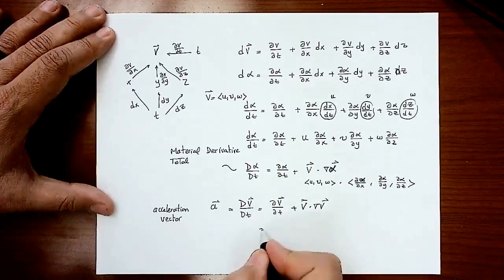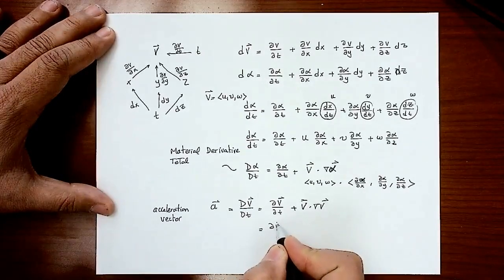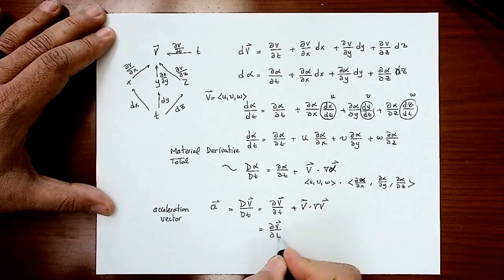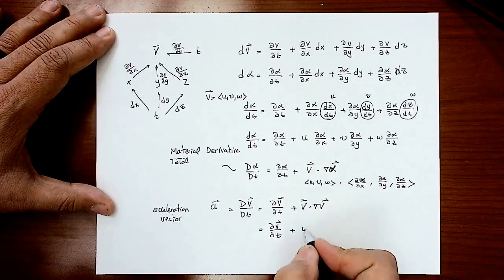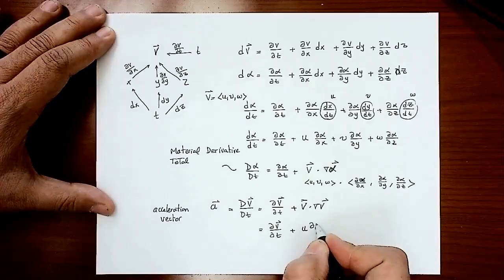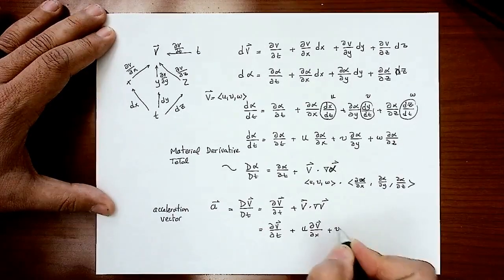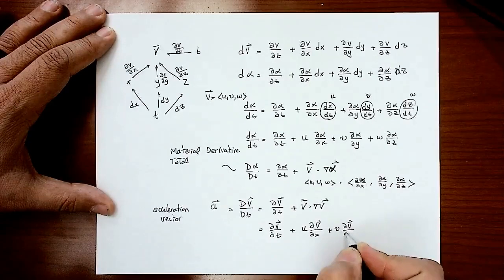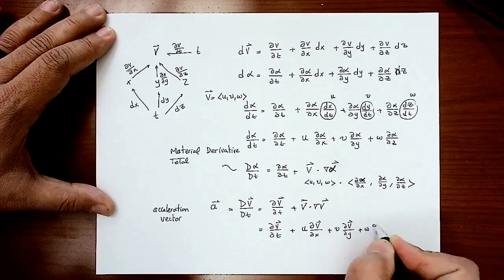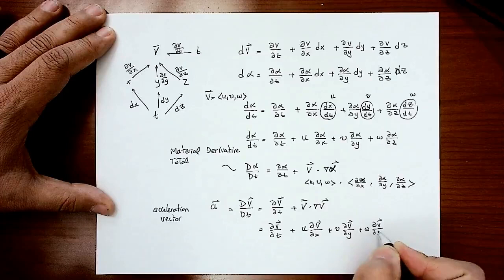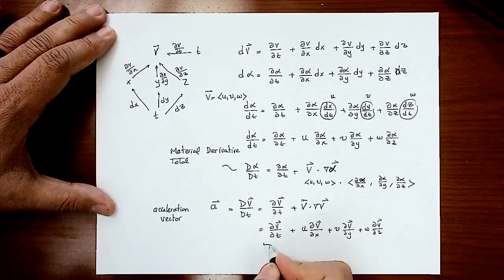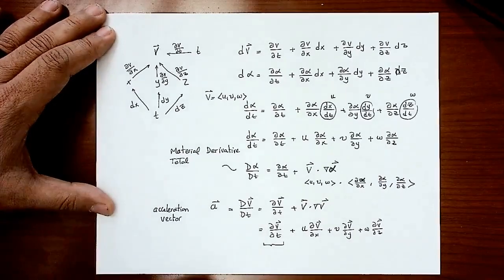And you will notice here that I have partial v by partial t plus, if I break that down, u partial v by partial x plus v partial v by partial y plus w partial v by partial z. This first term seems to be the variation of velocity relative to the time.